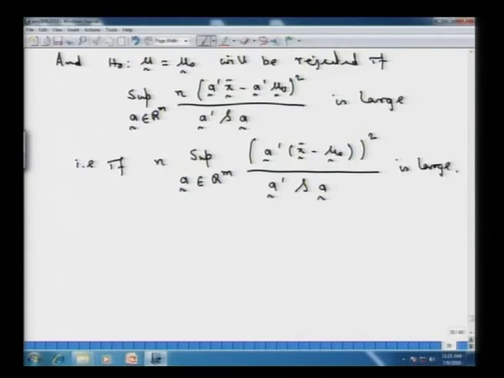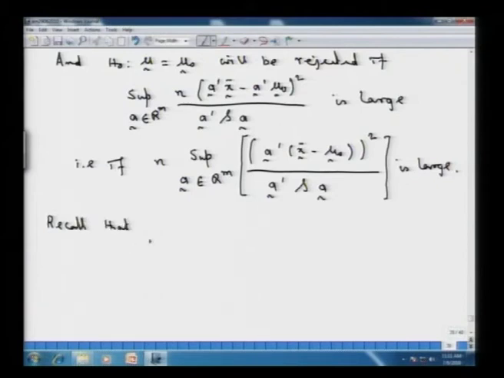Now, in order to find the supremum of this particular quantity, we recall that we have something called the Cauchy-Schwarz inequality. So, we may recall the following result.